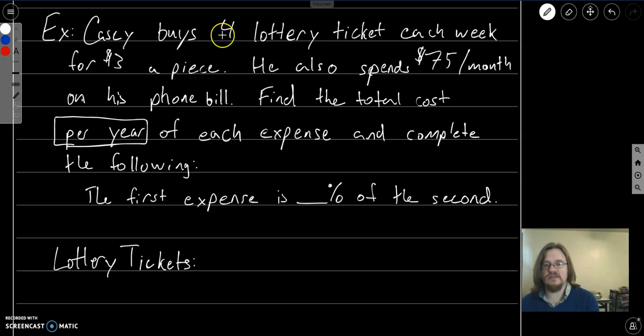So how much am I spending, say, each week? Well, each one costs 3, and I'm buying 4 of them. So that means that I'm spending $12 a week.